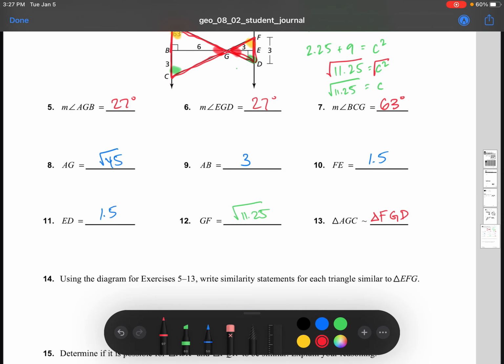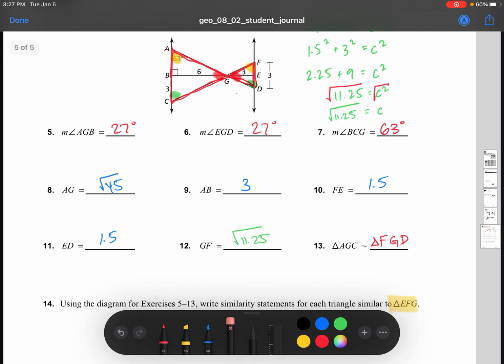And then that brings us to question number 14. Using the diagram, write similarity statements for each triangle similar to EFG. So let's look at triangle EFG. EFG is that triangle right there.